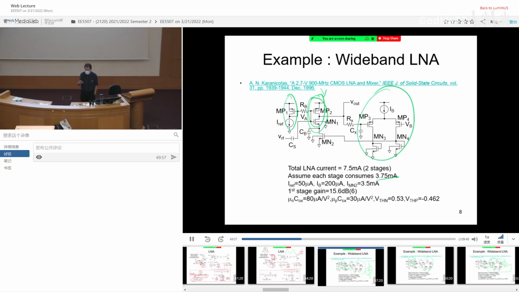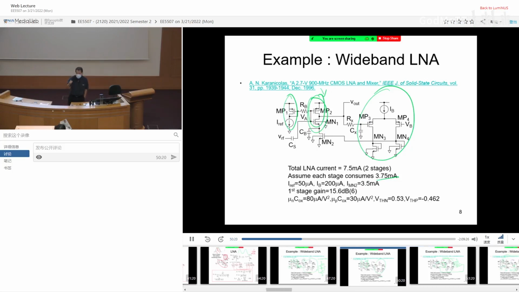I'm not saying this is the right way. As a designer, eventually you have to make a decision. I always tell students, as a designer, you don't have to think about whether your answer is right or wrong. You just need to be able to justify it. Justify means that you stand up here, your engineering team asks you, why do you do that?